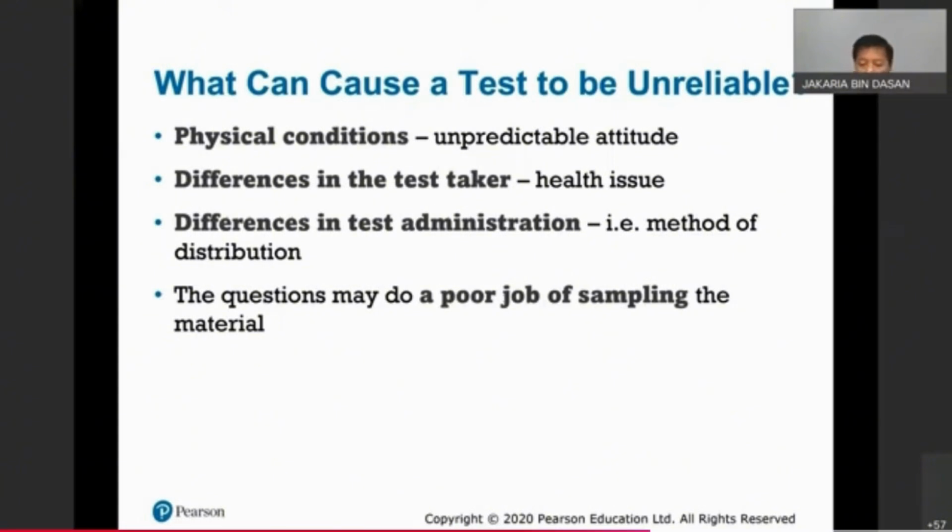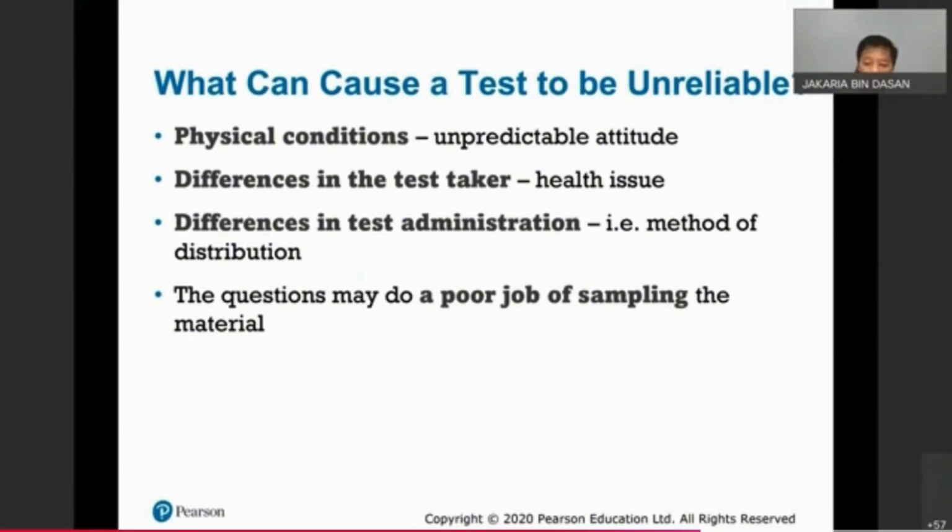So sometimes either method would not produce the expected purpose. This is what we call differences in test administration, which might not suit the expectation of finding the right candidate, because the way we administer it is wrongly done.